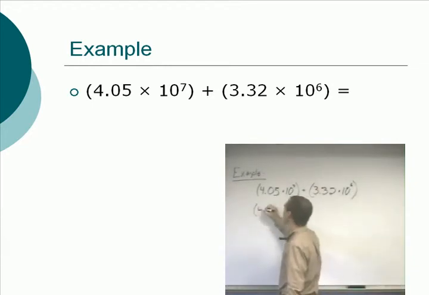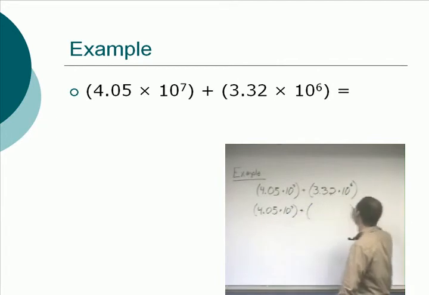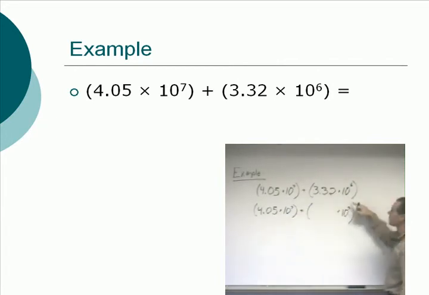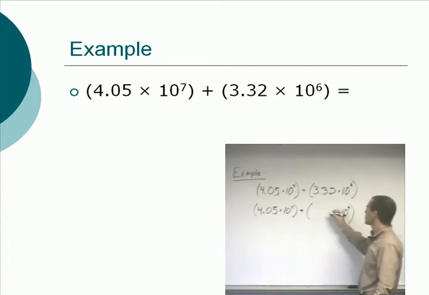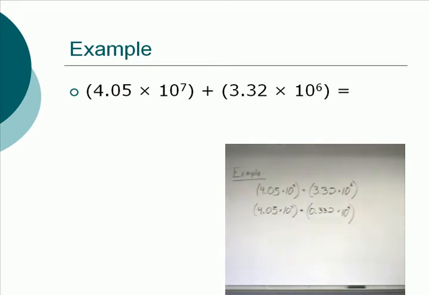So this one's going to remain the same. This will stay 4.05 times 10 to the 7th power. To that, we're going to add, okay, we need to tweak this. This is going to become times 10 to the 7th. What are we doing with that power of 10? It's going up. So what happens to the coefficient? It's got to get smaller. So that becomes 0.332 times 10 to the 7th.